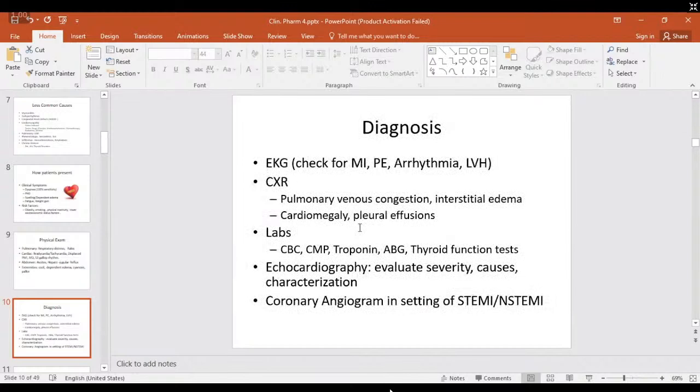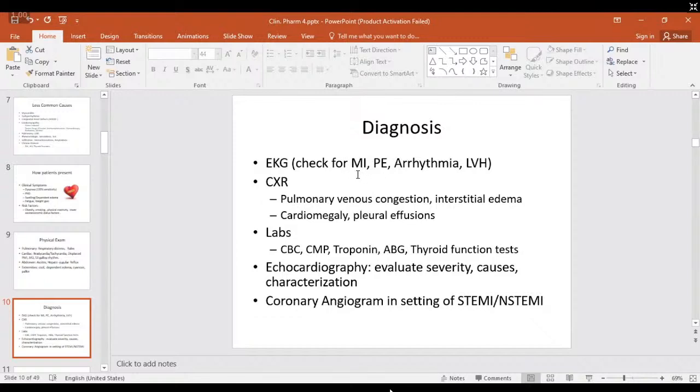The diagnosis includes actually a lot of exams besides the history and physical. EKG can show us some myocardial infarction, which can be acute or which can be old, if we see, let's say, QS complexes instead of the normal QRS complex.